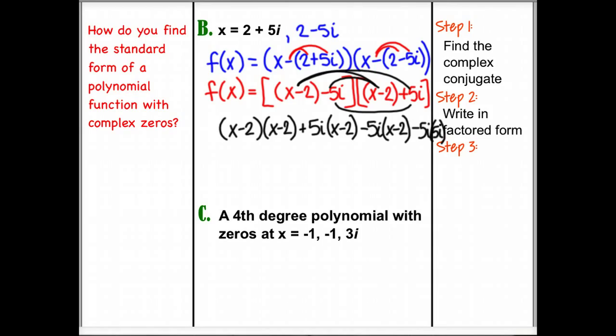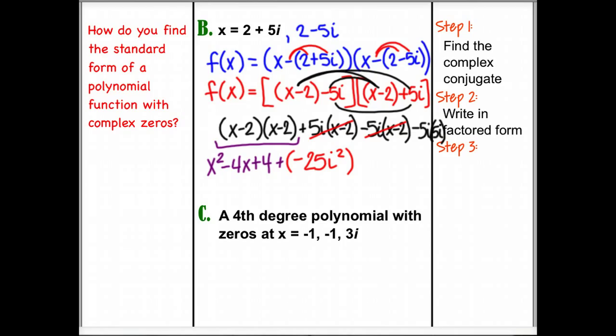So then when we simplify this out, we're going to FOIL this, which gives us x squared minus 4x plus 4, plus, and then we notice that these cancel because they're opposites of each other. So then we have plus a -25i squared.